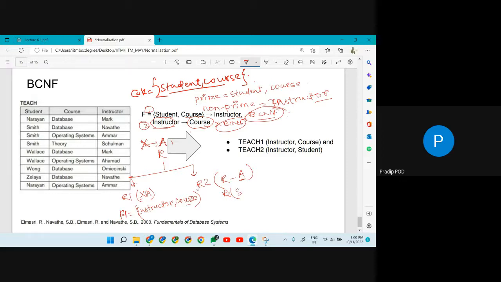So that is your student and instructor, right? Now you have to write the functional dependency associated with it. Here F1 should contain the functional dependency, that is instructor to course, right? And what is the possible functional dependency in R2?